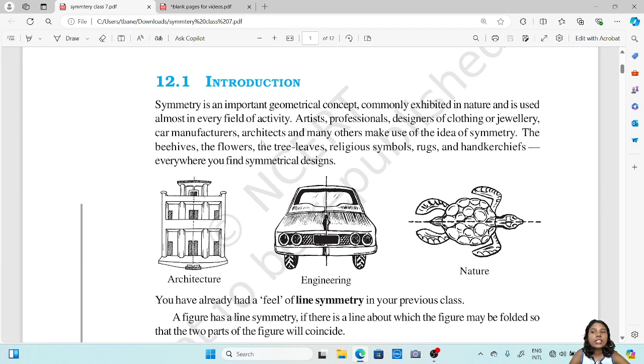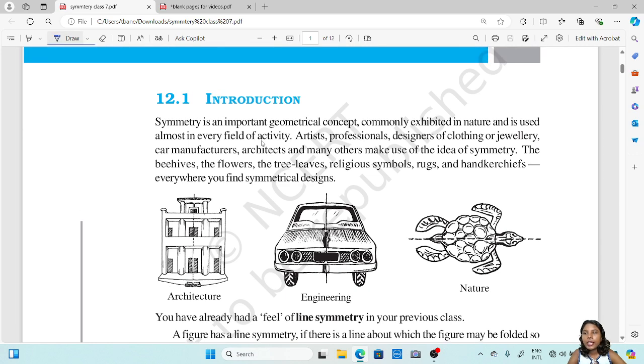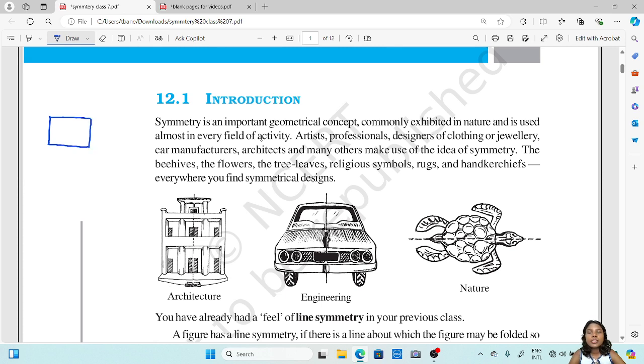Now, what does symmetrical design basically mean? Say I have a square here. Now I say that this square is symmetric. When I say the square is symmetric, what does it basically mean?